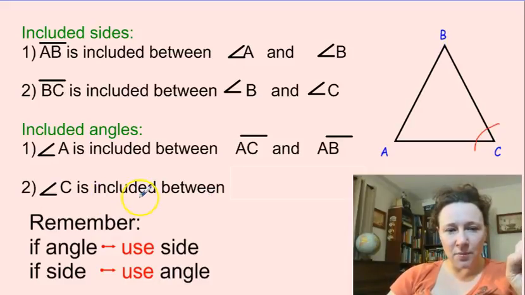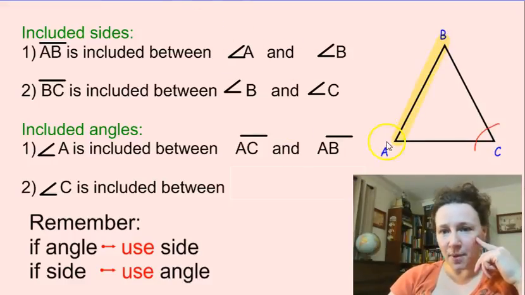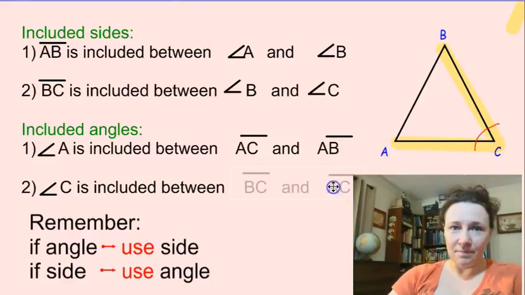It's included between those sides, that means that they must be touching each other. AB definitely is not the side that's touching my angle C, and therefore cannot be the answer. Then it's BC and AC. And that is all for now.